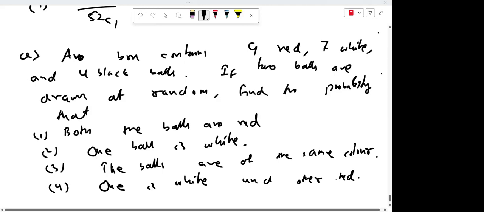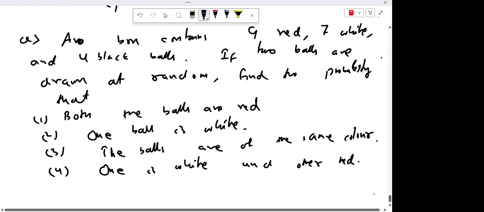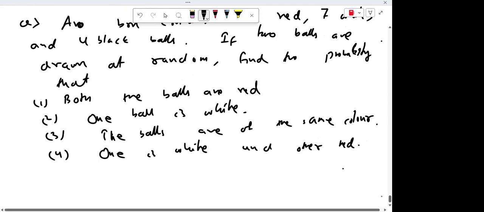So the answer will be 9C2 plus 7C2 plus 4C2 upon 20C2. What about the fourth one, sir? 7C1 times 9C1, right? One is white and the other is red. One is white, that means 7C1 times, other is red, that means 9C1.